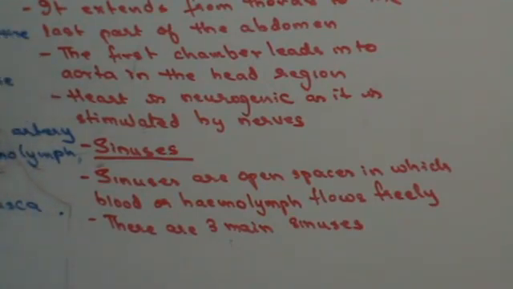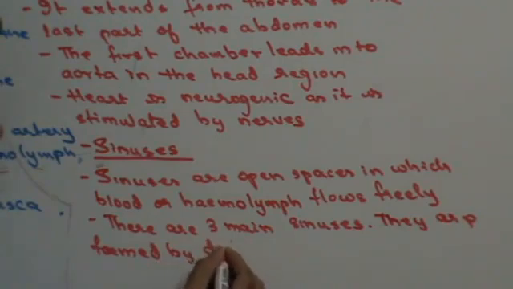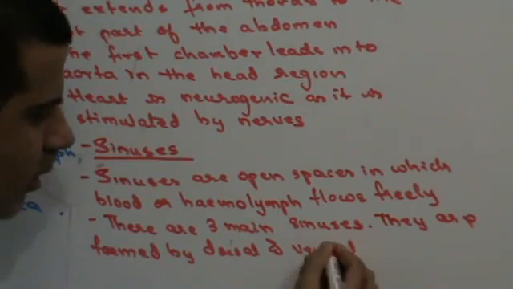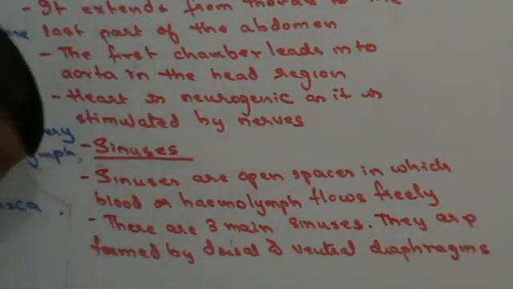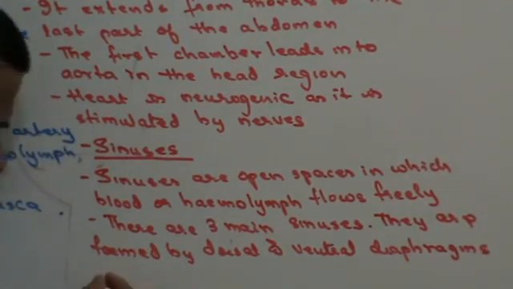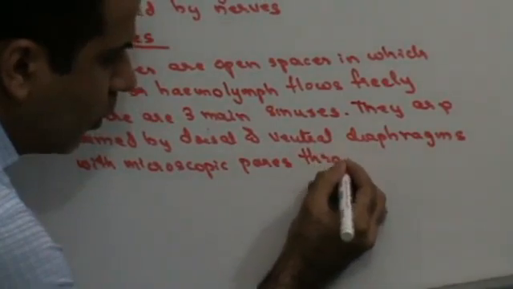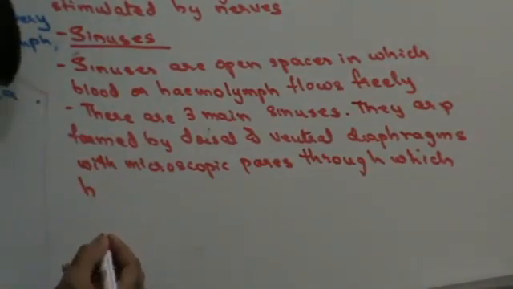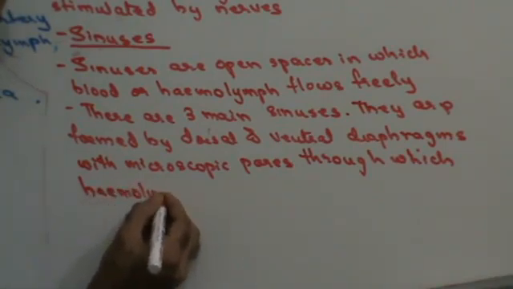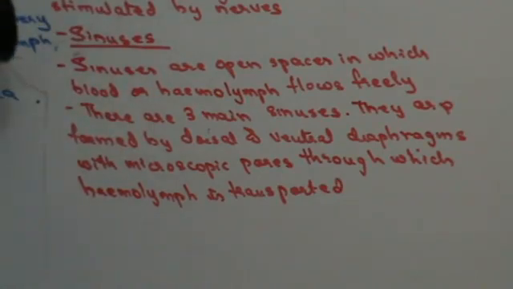They are formed by the dorsal and ventral diaphragms with microscopic pores through which hemolymph is transported from one sinus to the next.